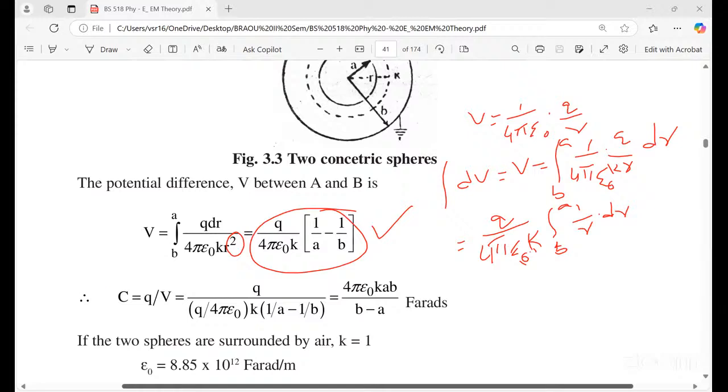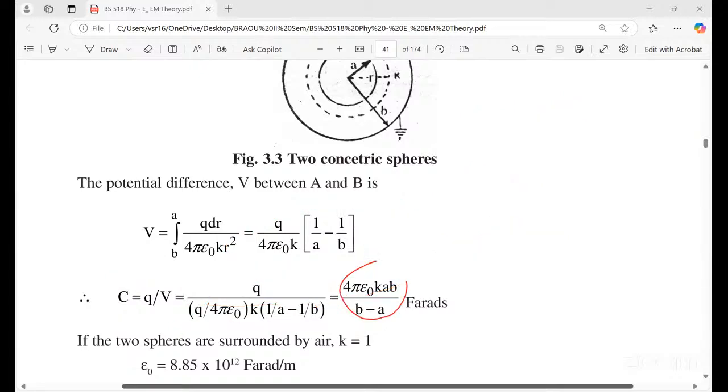After that, what is the capacitance equation? Q by V. What is the Q value? Q is this. What is the V value? This one, which you have calculated. So the Q gets cancelled. By simplifying this, you will get 4 pi epsilon naught K ab by b minus a, in farads.